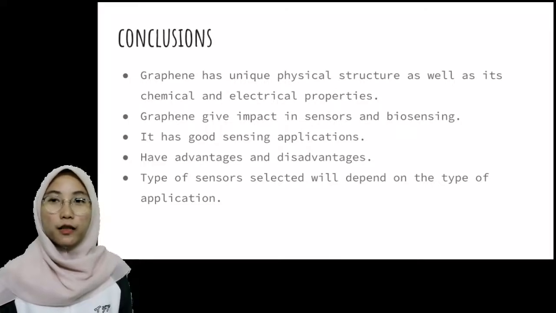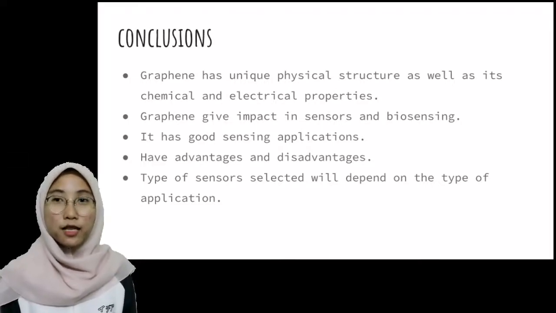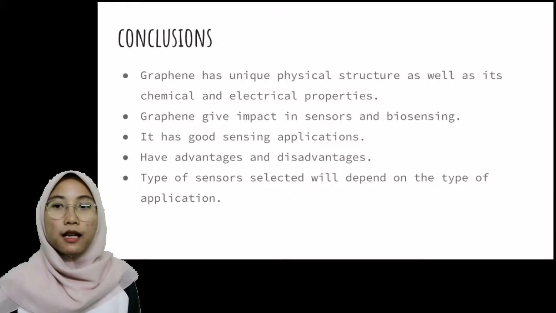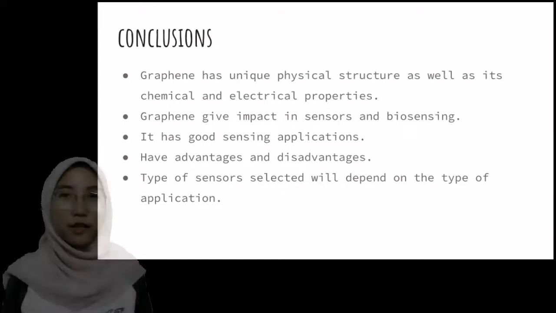First, graphene has a unique physical structure as well as unique chemical and electrical properties. Because of this, graphene is ideal for use in sensor technologies such as in the life science and medical fields.